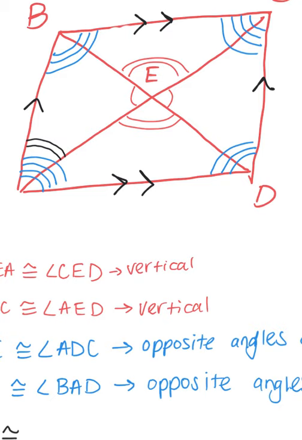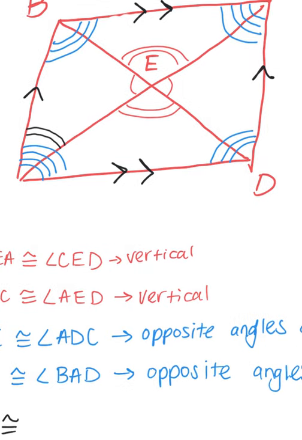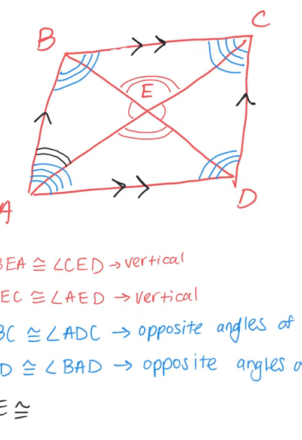What would you guys tell me? CED. This one? Not quite. Close, though. BDE. That's a line. Those are all on the same line. DEC. This one?